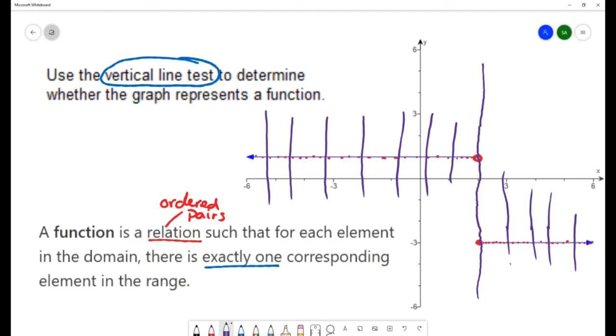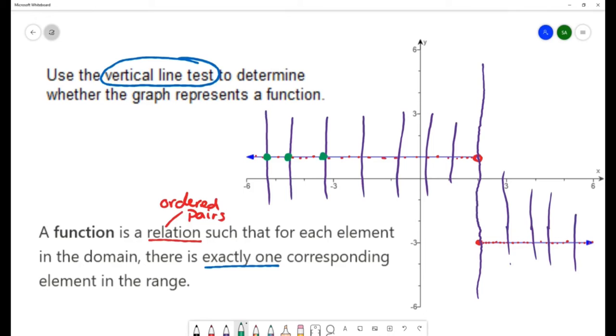Now, when you draw these vertical lines, what you're paying attention to is how many intersection points you have. Let me use a different color. So this vertical line has one intersection point, and this one has one, and this one has one.